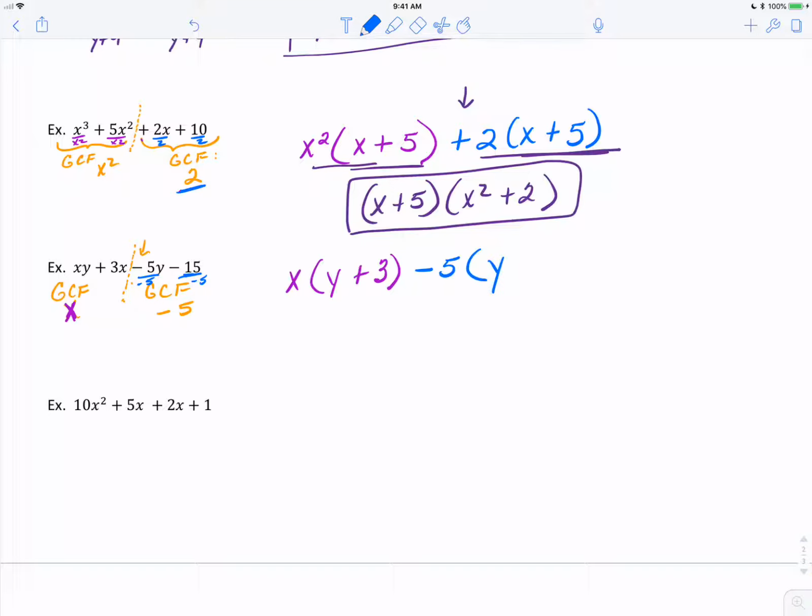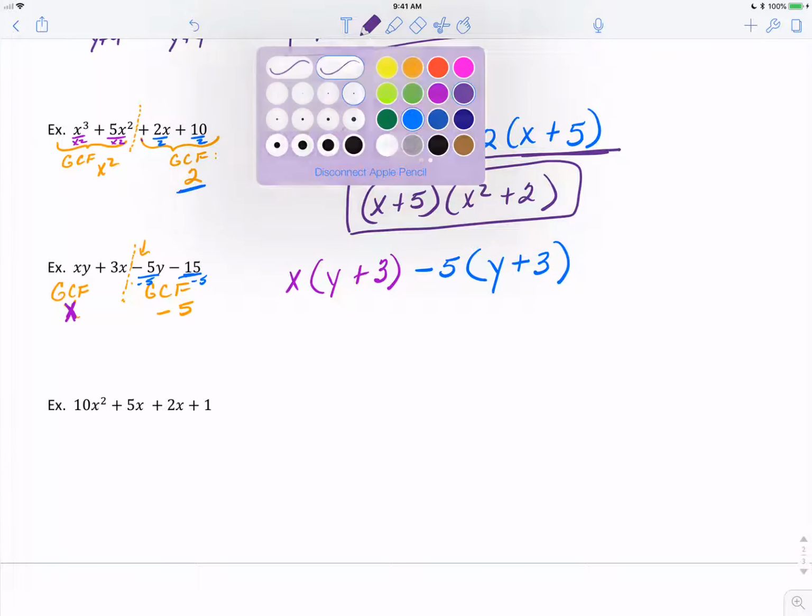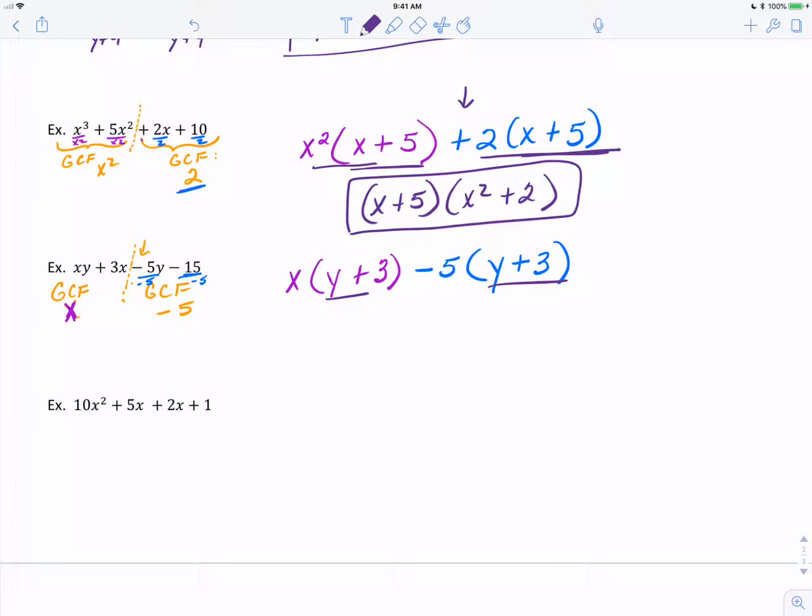And look at this, we're changing those signs because we're taking out the negative 5, y plus 3. Then once again, we can do a happy dance because now we have a common binomial that we can take out of both of those terms, leaving us with what is on the outside of those parentheses, x plus 5 there, or x minus 5, sorry.